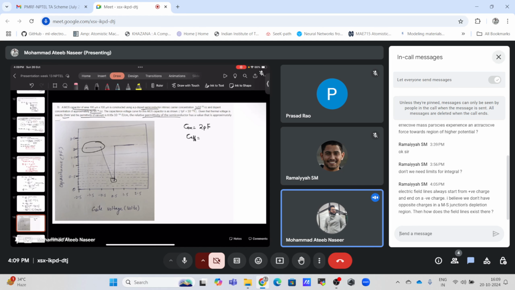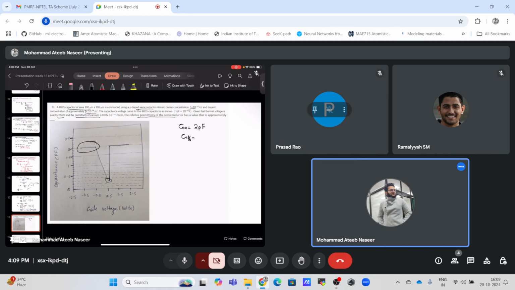Let me close this so that the screen will be a bit larger. So the effective capacitance is simply, this is 0, this is 0.1, this is 0.2, this is 0.3 picofarad. So it is 0.3 picofarad. Absolutely. So now what we can do is, I need to find the depletion capacitance.